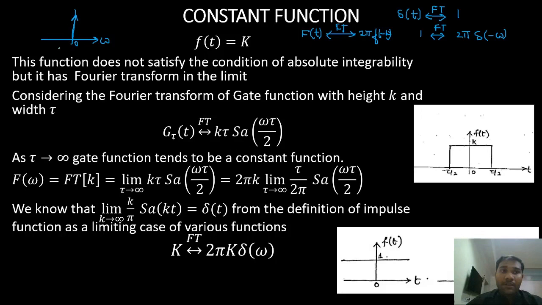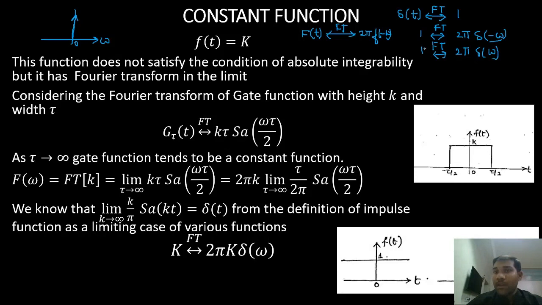So if you look at this graph, we can conclude that this is an even function of omega, right? In place of omega, if I put minus omega also, it's the same thing. So I can replace minus omega with omega. So I can write 1 has the Fourier transform 2 pi delta of omega.